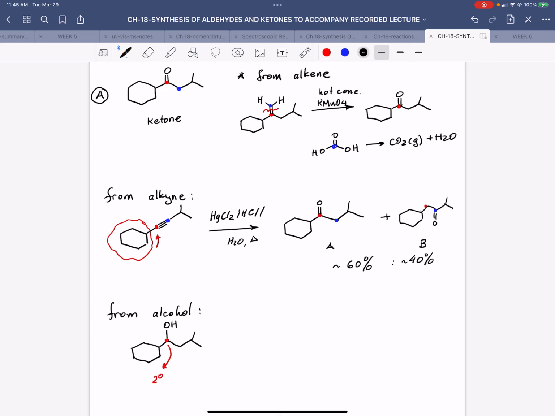And I can oxidize it. I want to be mild if I can, so I'm going to oxidize it with PCC and turn it into a ketone.